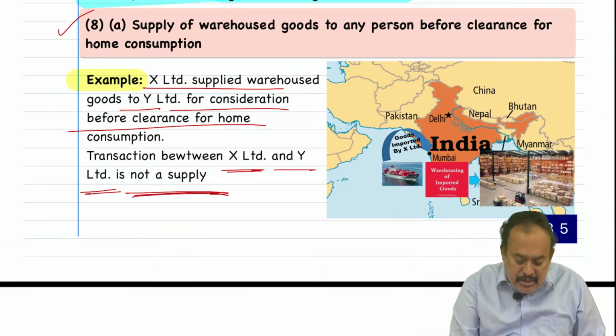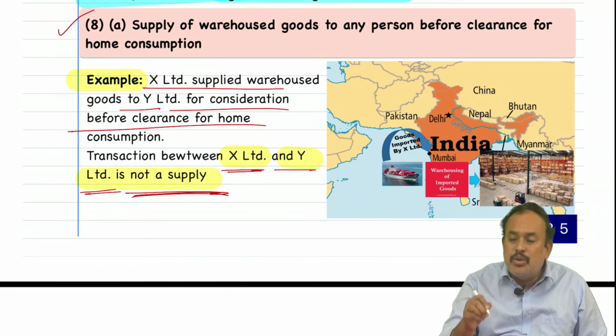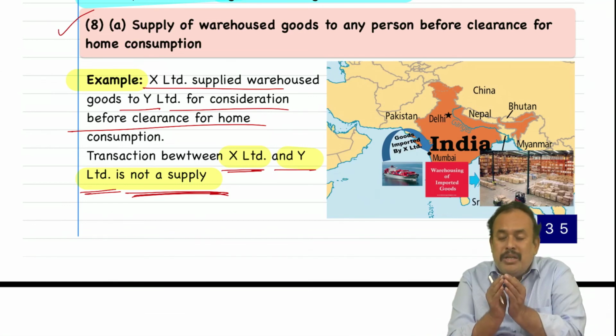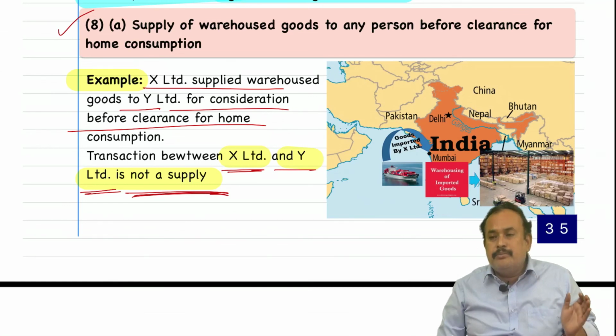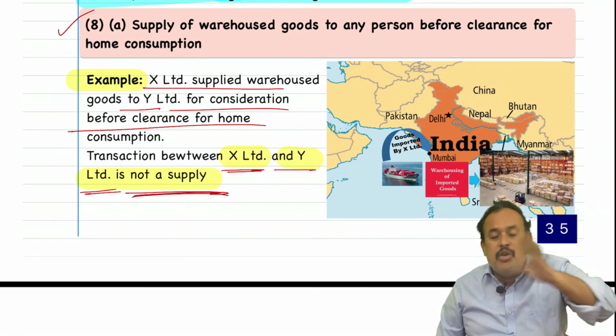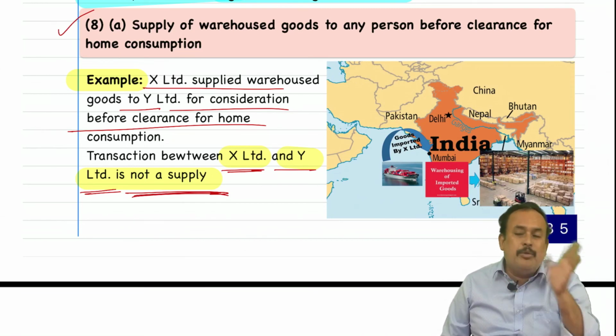Repeating, my dear friends, the transaction between X Limited and Y Limited is not a supply, because these goods are warehoused after importation before clearing for home consumption. During the tenure of warehousing, that importer supplied the goods to somebody else, which is not a supply, not liable to pay GST.